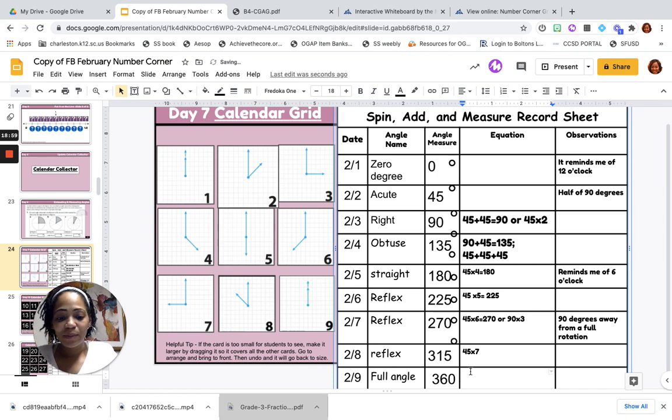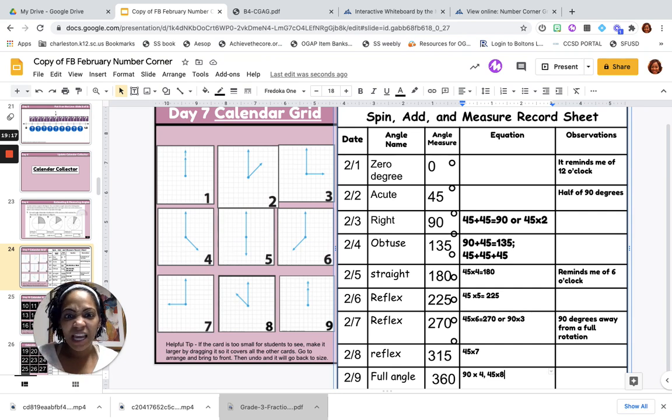And we know that we could say that's 90 degrees times 4, because 90 degrees is 1/4 of an angle. We could say it is 45 times 8, because we have 8 of those. We know 45 degrees is 1/8 of a full rotation.